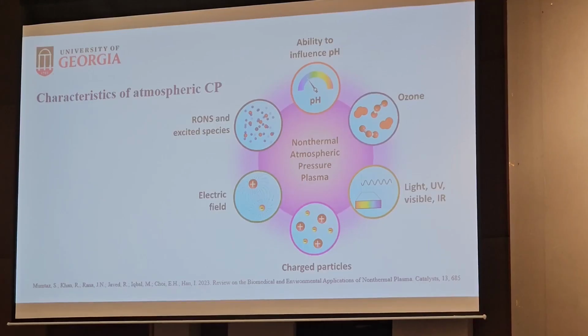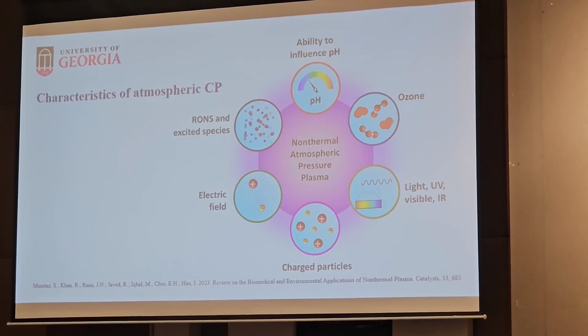If we look at the characteristics of cold plasma, the first thing you'll notice is a reduction in pH, depending on the product you are treating. It produces ozone, which is quite obvious.